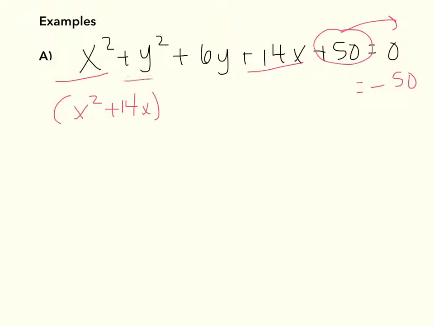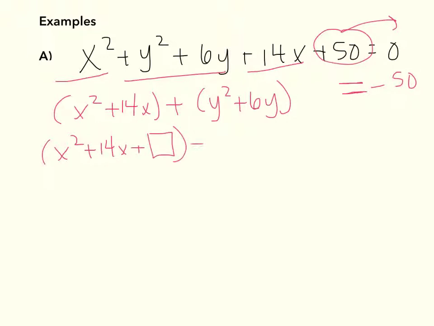And then my y's, y squared plus 6y, and that equals -50 over there. Now we want to complete the square, so I'm going to leave a little box. In this case, I've got to complete the square of both, so I'll leave a box for both.